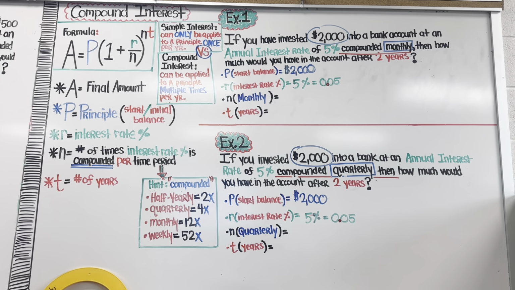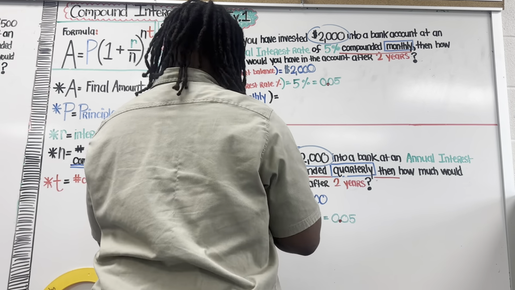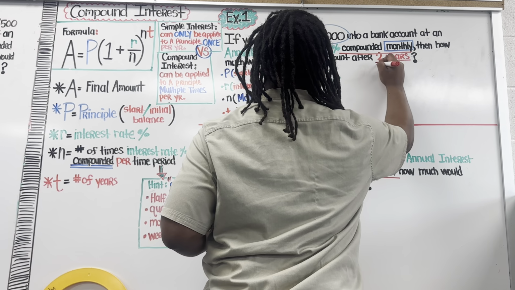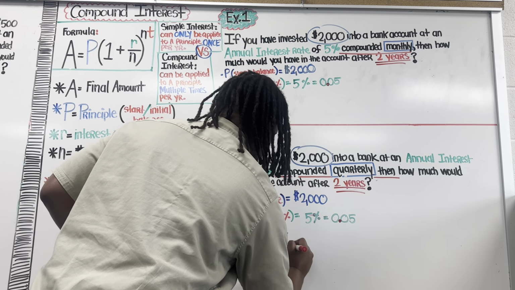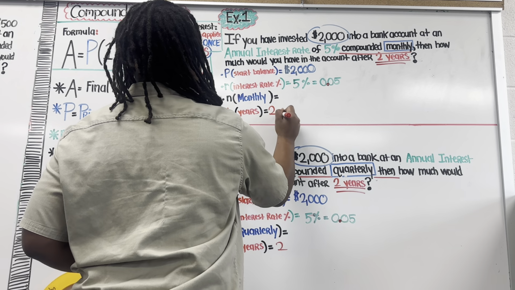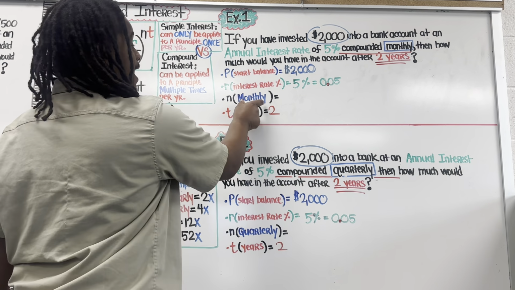Okay, just like that, all right? The number of years, T, it says 2 years. So in both situations, it's 2 years. That's the time span we're checking, all right? But the only difference is how it's compounded.